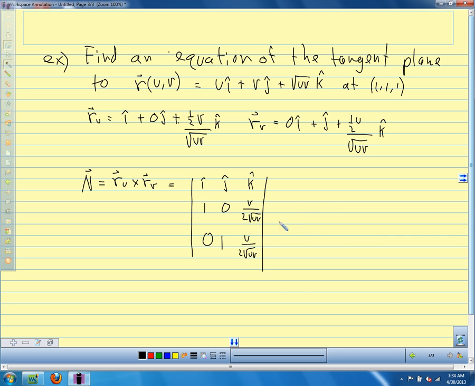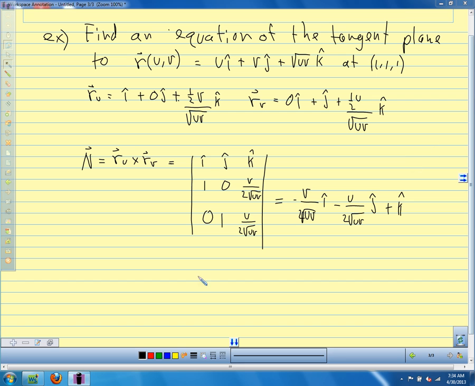So when we make this cross product, I'm not going to write out all the steps, but we end up with minus v over 2 square root of uv i, minus u over 2 square root of uv j, plus k. And then we want that at 1, 1, 1.